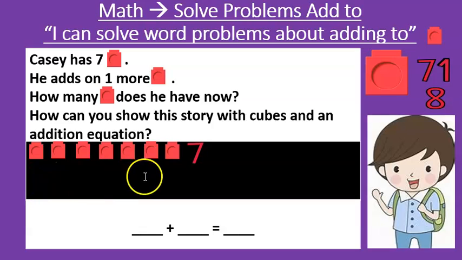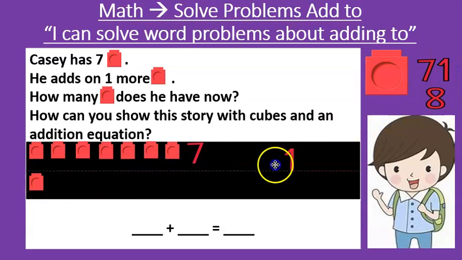So we have to put some more cubes down here. How many more cubes do we have to put? 1. Good job. So let's get 1 and let's put 1 down here, okay? Now, how many cubes are here now, boys and girls? 1. Good job.